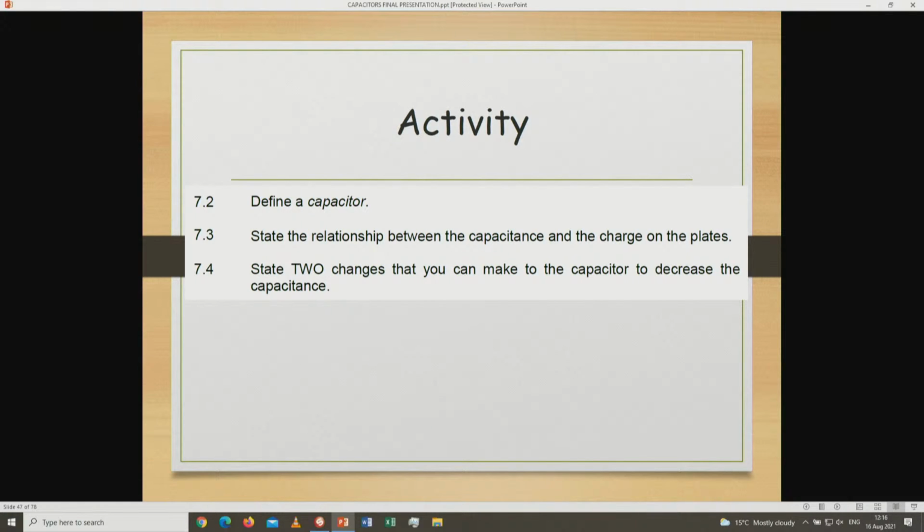Now let us check this activity. Define a capacitor. Remember, a capacitor is an electronic device that stores energy. Then let's check the next question: state the relationship between the capacitance and the charge on the plate.